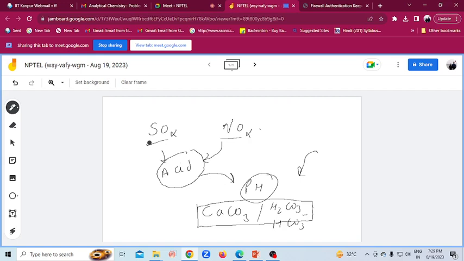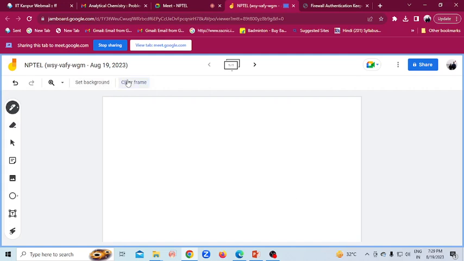Then we will move toward titration. Titration is volumetric estimation, an equilibrium process, and pH constant. So what will happen? This example we will discuss later.